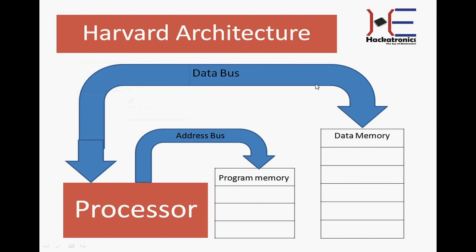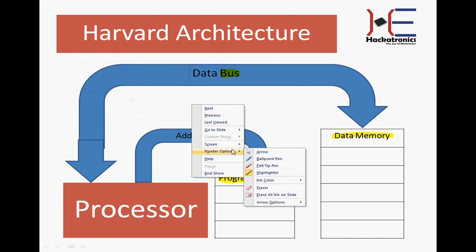The first is memory. It is program memory and data memory. Program memory is the memory where the program or the code is stored. Data memory is the memory where data like values of various variables, constants, etc. are stored. Another thing is bus, as you can see in the diagram.